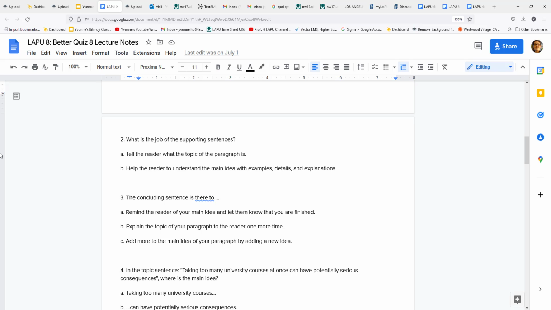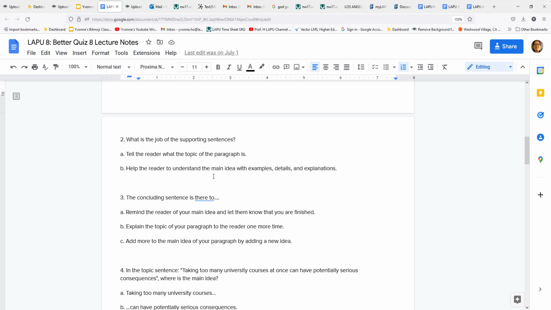Okay, so that would be an example of a topic sentence, and then your supporting sentence could be 4 out of 5 teenagers in Canada have a cell phone. So here, your supporting sentence, 4 out of 5 teenagers, supports the main idea that many teenagers in Canada have cell phones.